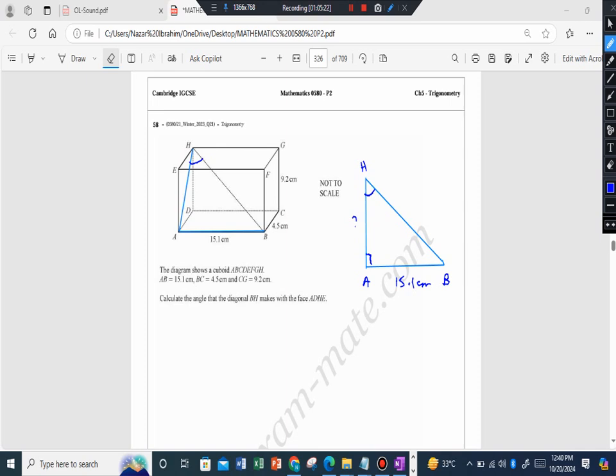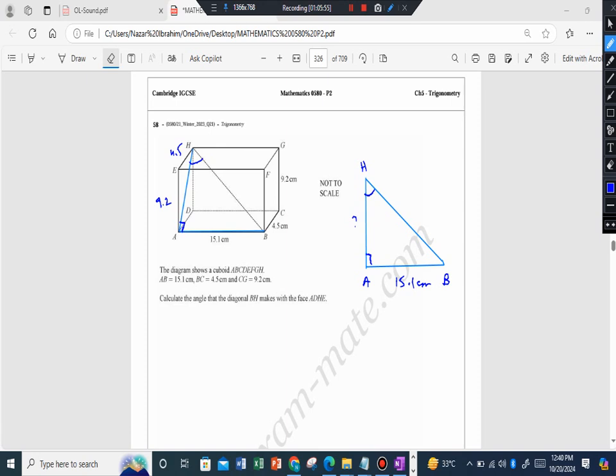It looks as if it's not a right angle triangle, but since it's 3D, this is a right angle triangle. This is 90 degrees. Calculating AH is easy because this side is 9.2, it's a cuboid, and this side EH is equivalent to AD, which is equal to BC, that is 4.5.